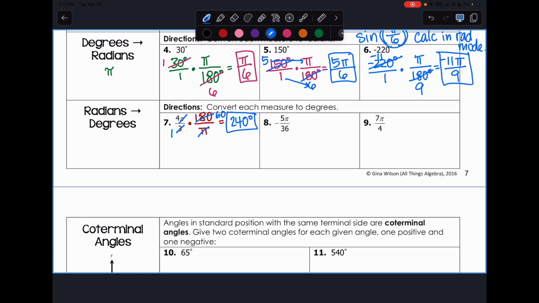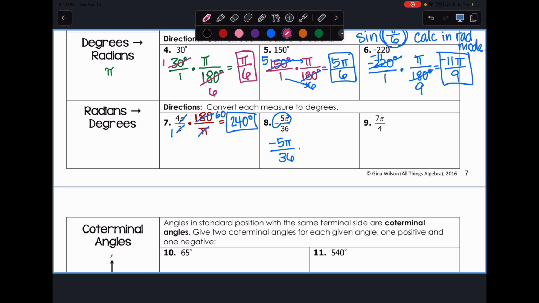Okay? So this is a negative 5 pi over 36. I'm going to make sure that this numerator has that negative. As long as one of the two parts in a fraction has a negative, it makes the whole thing negative. Okay? It has to be just one though. So I'm always going to put it on my numerator. So if I were to rewrite it, it would look like this. Negative 5 pi over 36.